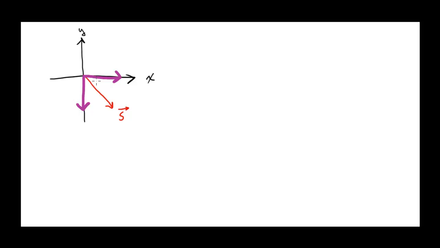This right here is S sub x, and this component right here is S sub y. And these are what we call the components of vector S.